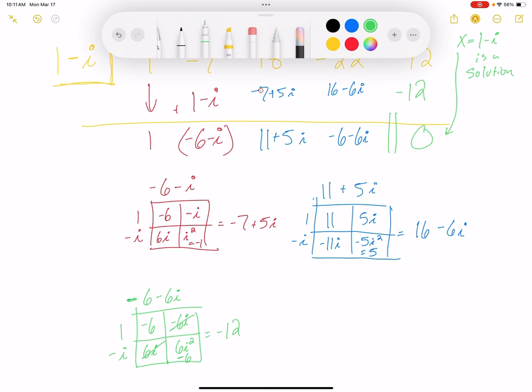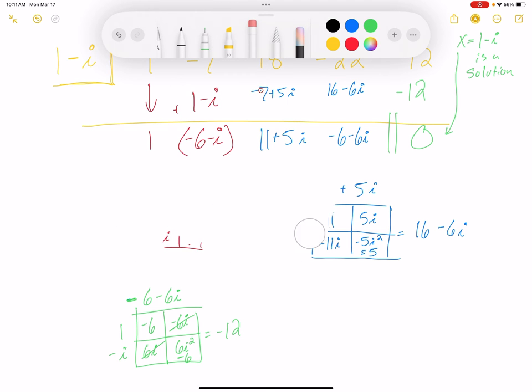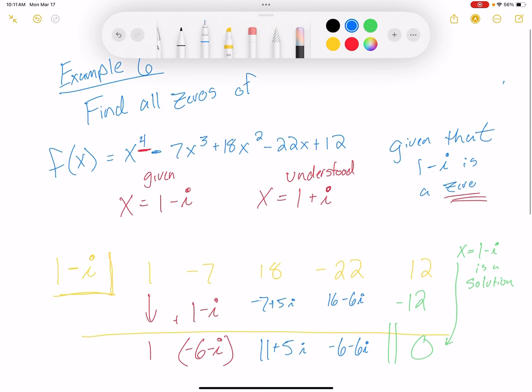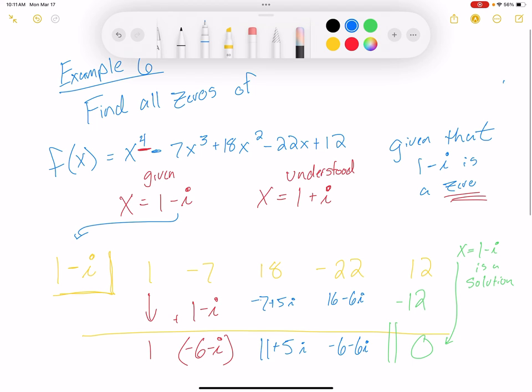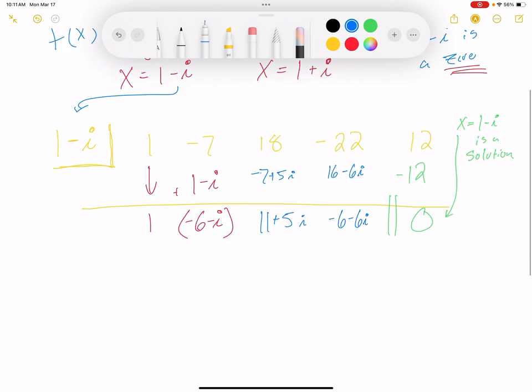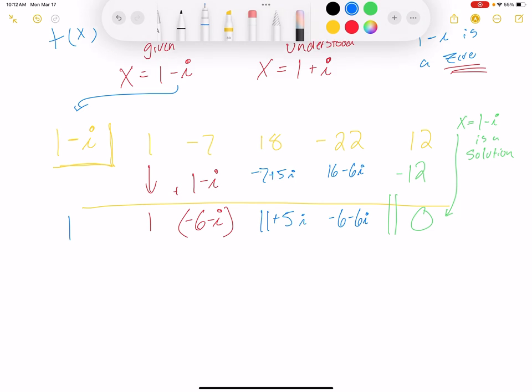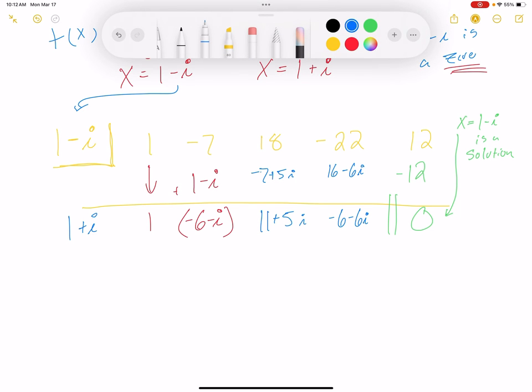All right, I'm going to erase some of this stuff so I can do my compound synthetic division. So now we just did what's given, but now we're doing what's understood. So now I'm going to bring that in and do compound synthetic division, and that's going to be 1 plus i.